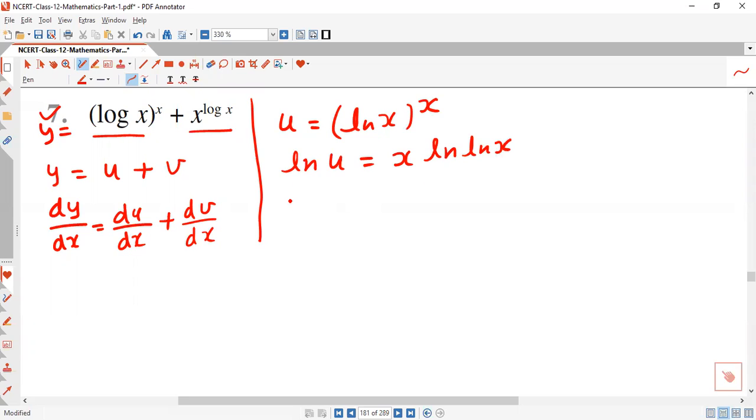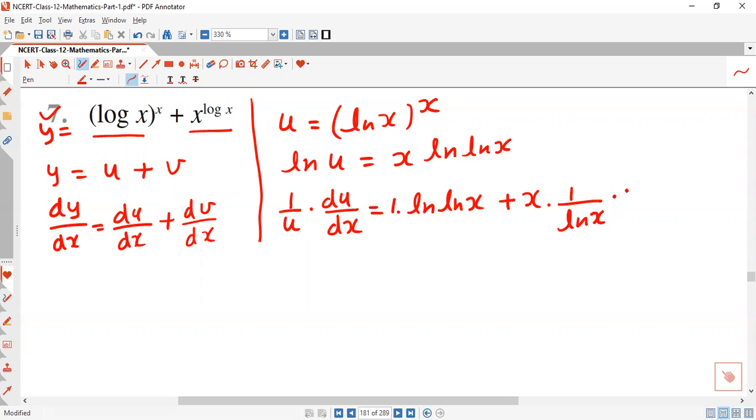Take differentiation: 1 upon u du by dx will be equal to what? Taking the x first, 1 times log of log x, plus x times the differentiation of this one, 1 upon log x, and this comes out 1 upon x.